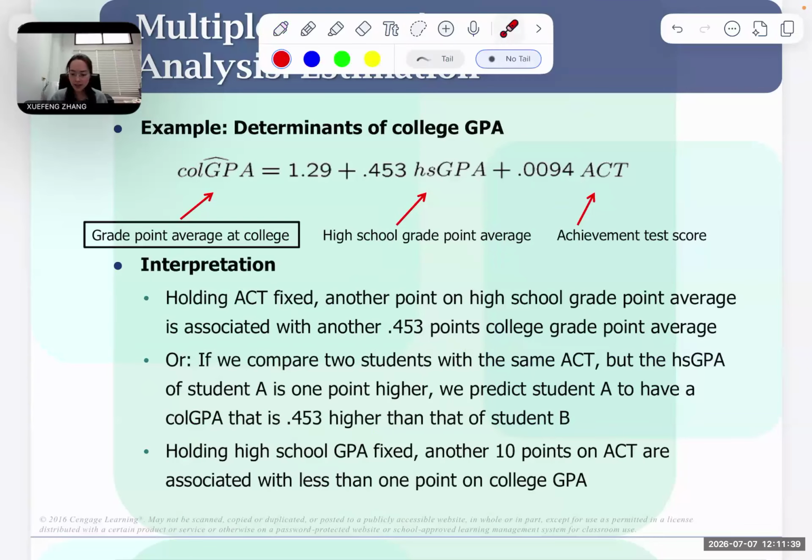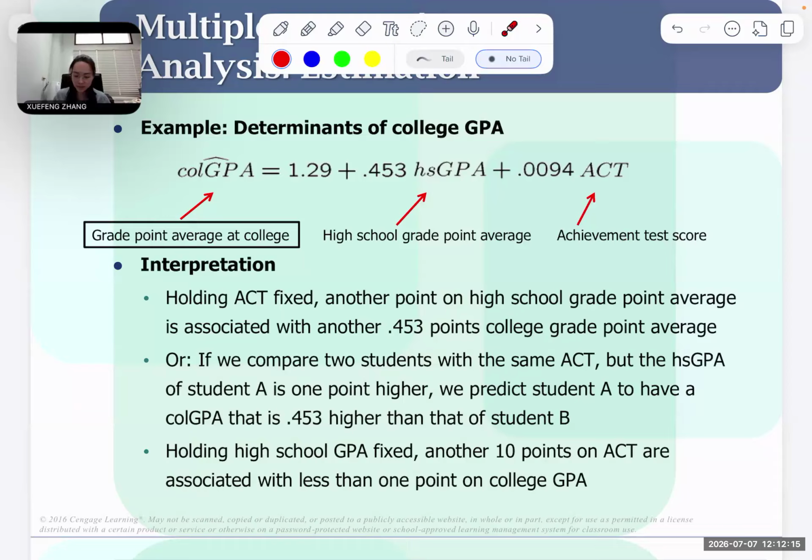Okay, here is a concrete example so ceteris paribus stops feeling abstract. Let's see this model. We have grade point average at college, which is your college GPA, equal to 1.29 plus 0.453 times high school grade point average, which is high school GPA, plus 0.0094 ACT, meaning achievement test score.